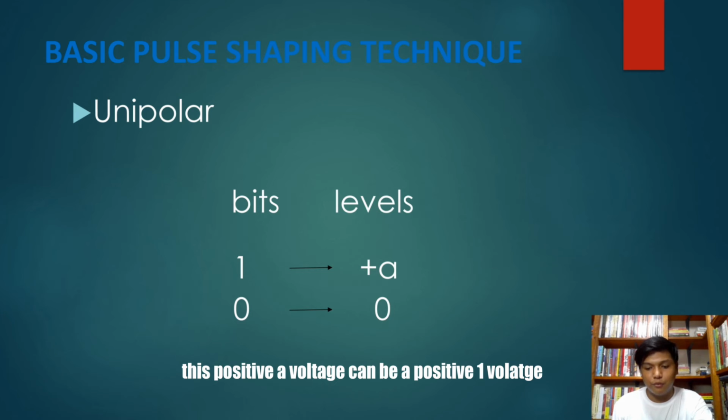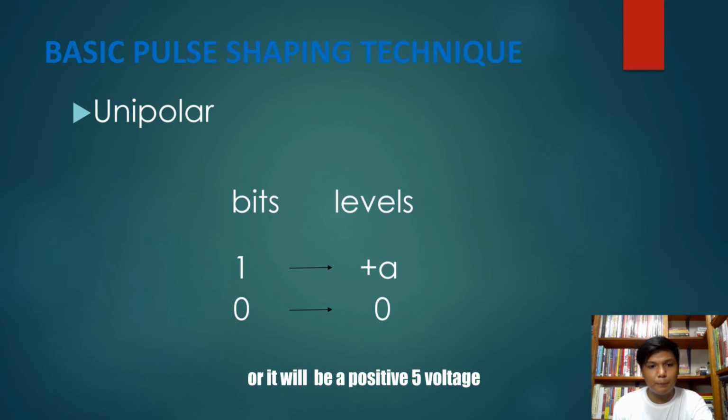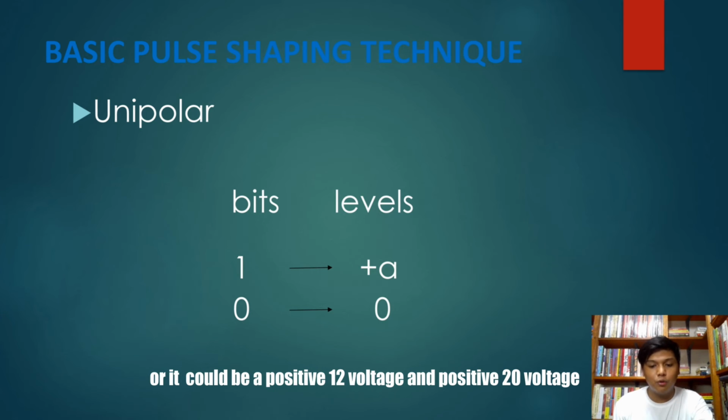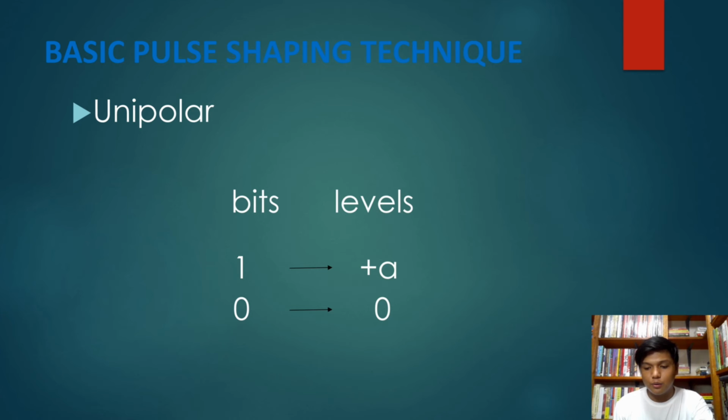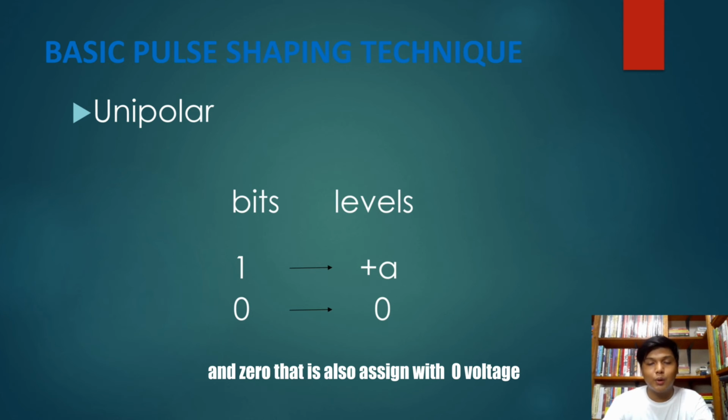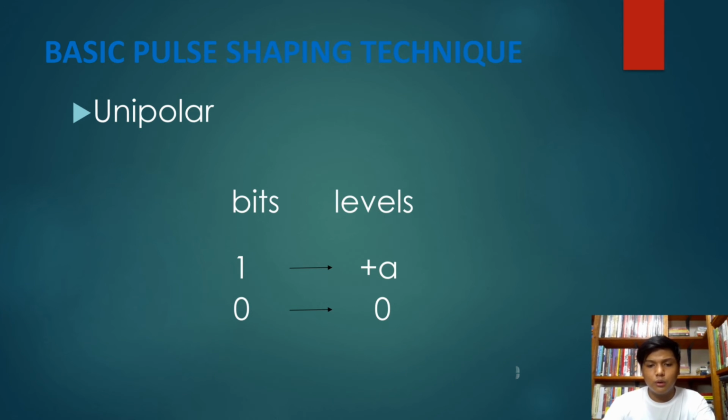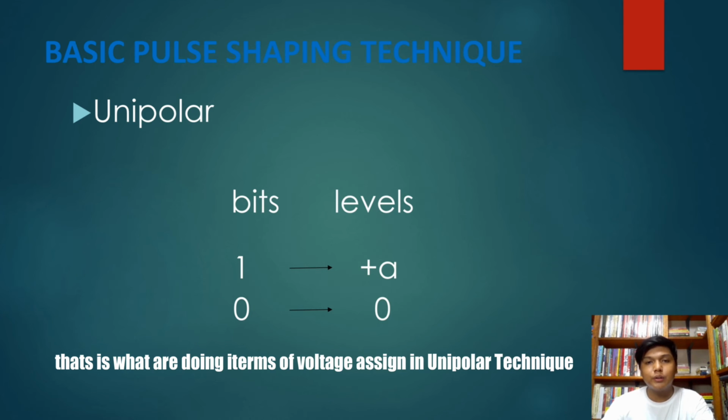This positive A voltage could be positive 1 volt, positive 5 volts, positive 10 volts, or positive 20 volts. And 0 is assigned 0 volts. That is what we do in terms of voltage assignment in unipolar techniques.